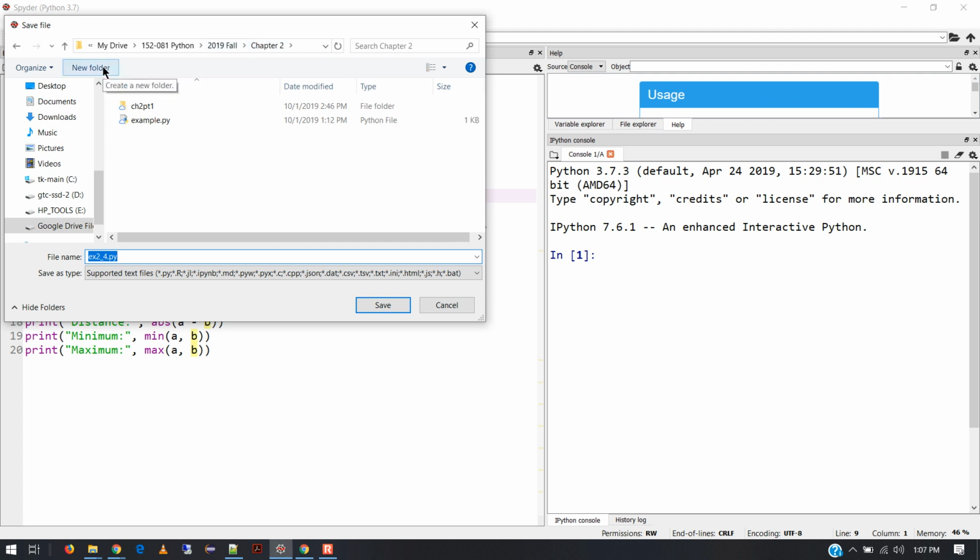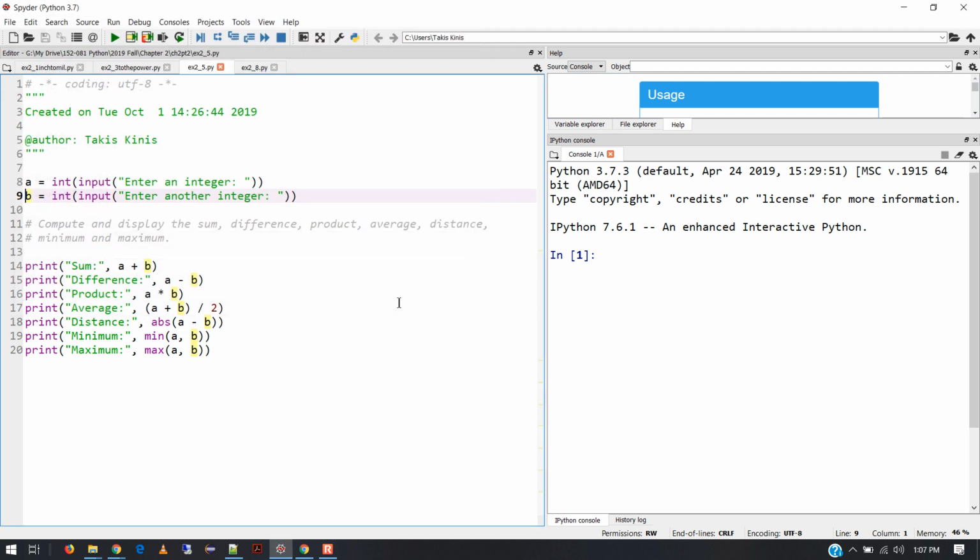I'm going to make a new folder and call it Chapter 2 Part 2. All right. And of course I'm going to call this one Exercise 2.5. I think that's good enough. Is that all right with you guys? All right, let's save it.